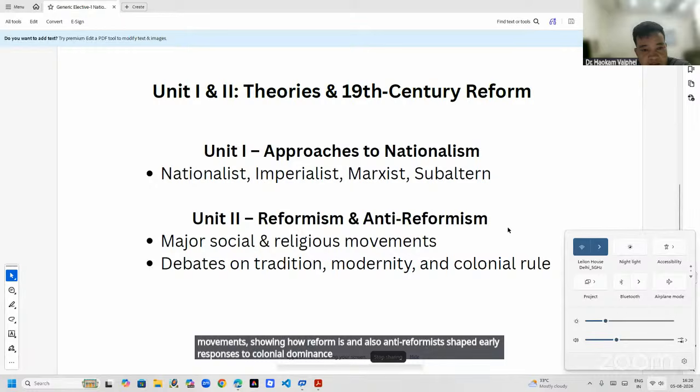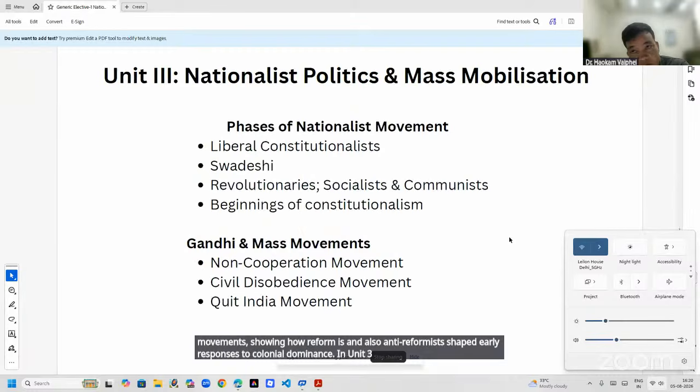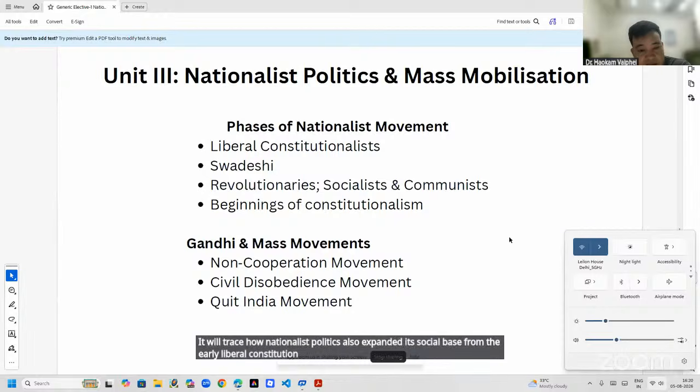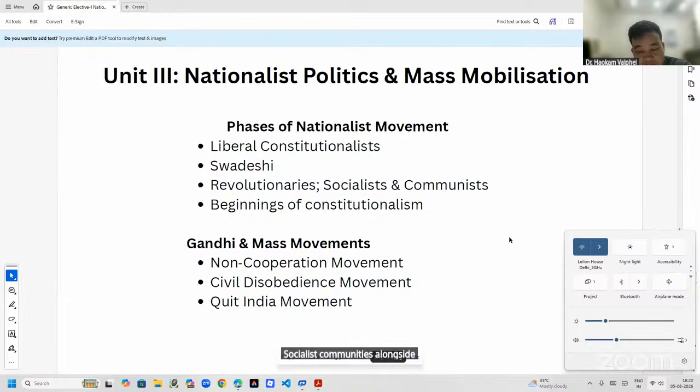Unit 3 will trace how nationalist politics expanded its social base from the early liberal constitutionalists through the Swadeshi phase and to revolutionaries, socialist communists alongside emerging constitutional ideas.